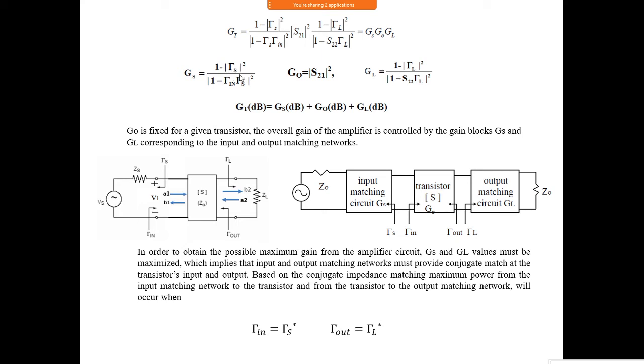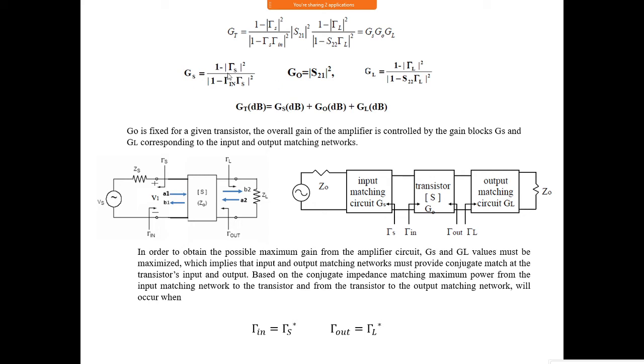There are many values of ZS, many combinations of impedances. All those impedances give 2 dB.